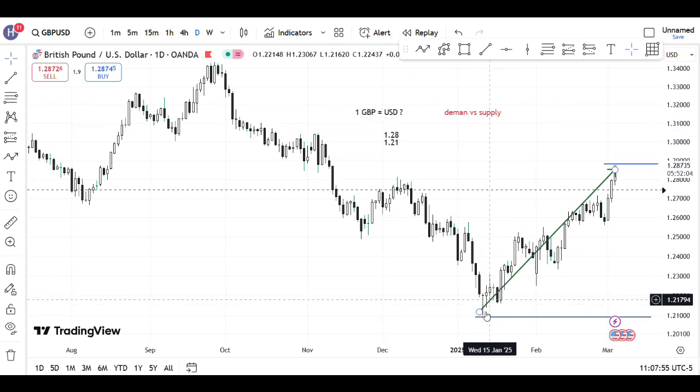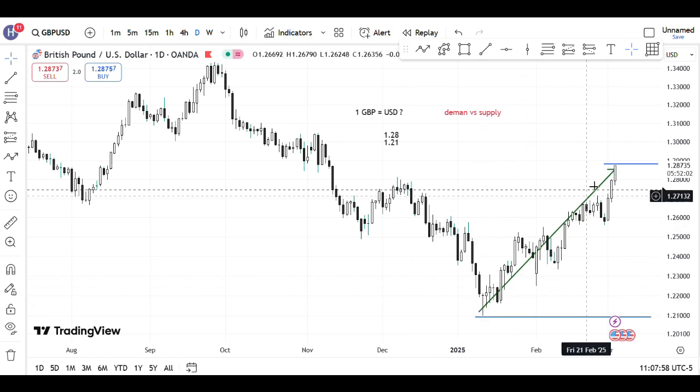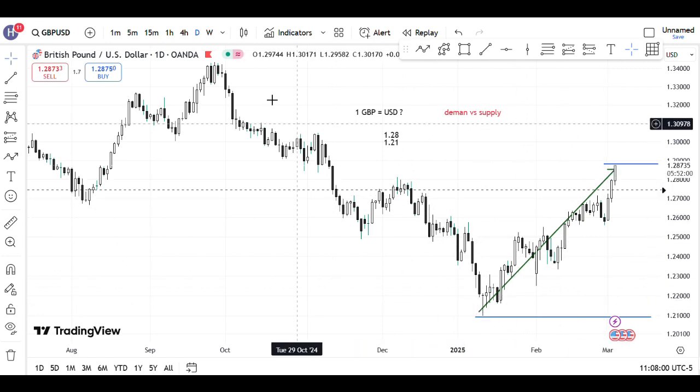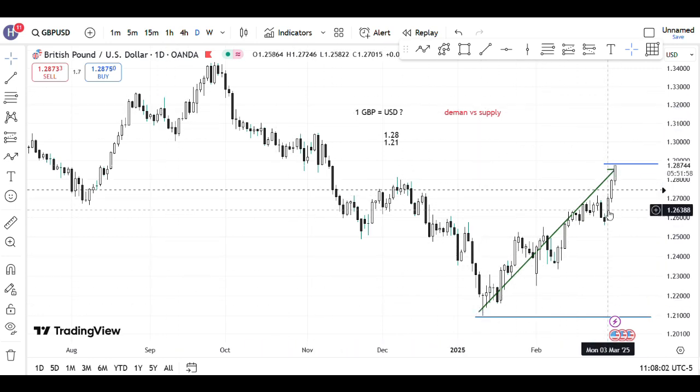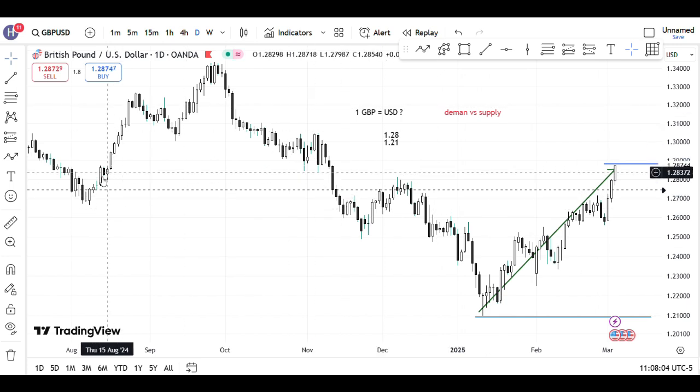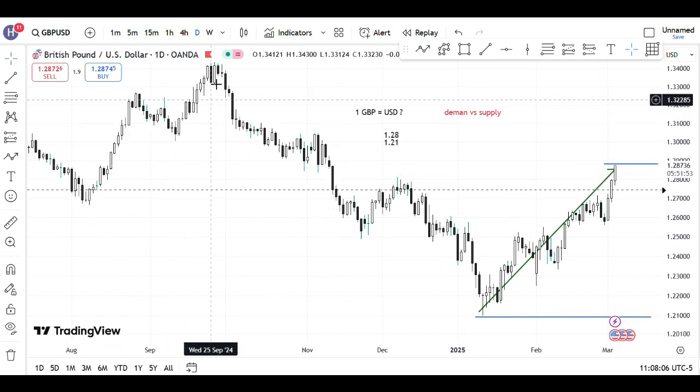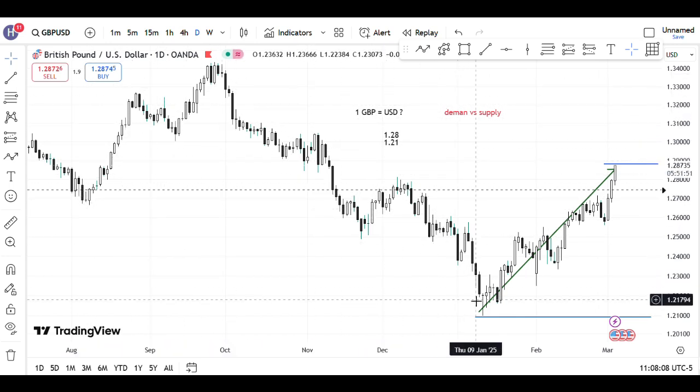This is the price line. There are so many reasons behind even a single movement of this price line, and it totally depends on demand and supply.